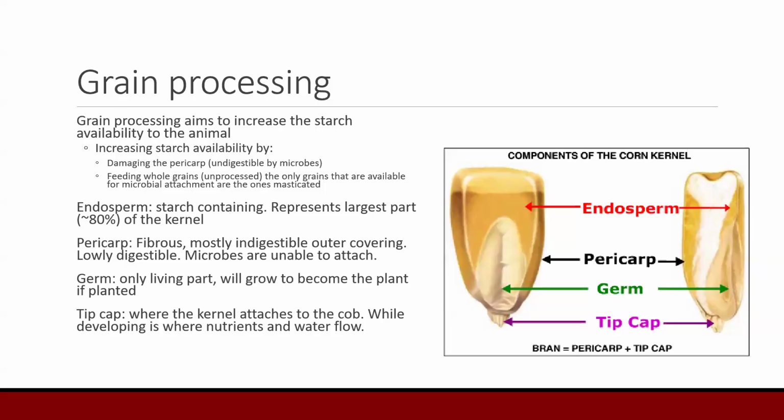And that's a byproduct of what? Yeah, corn syrup production. So corn gluten feed is a byproduct of corn syrup production. Distillers grains are a byproduct of what? Ethanol, right?